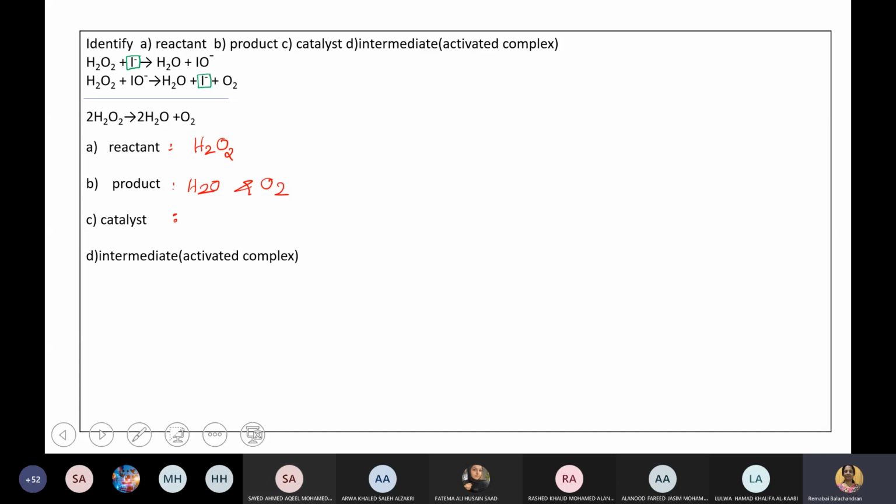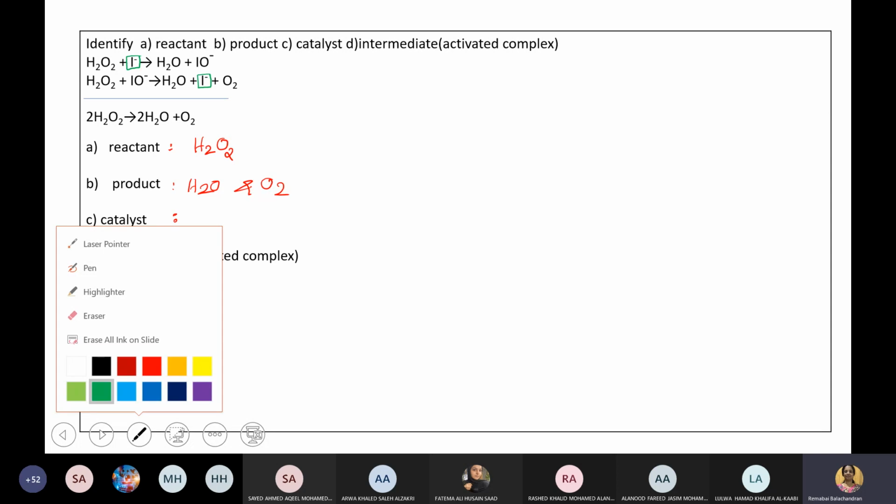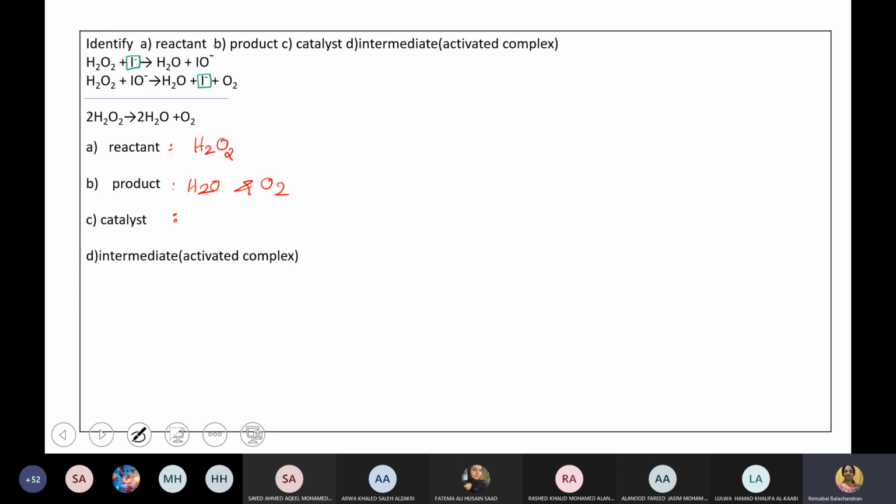The other one is formed during the reaction. During the reaction, this intermediate is formed, and it will finally be converted to product. So what is the catalyst here? Catalyst is I minus, because with the reactants you are adding, whereas the intermediate is formed during the reaction. So the intermediate is IO minus.